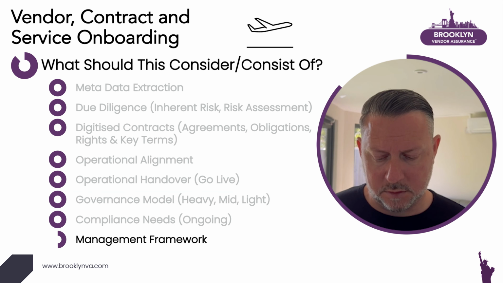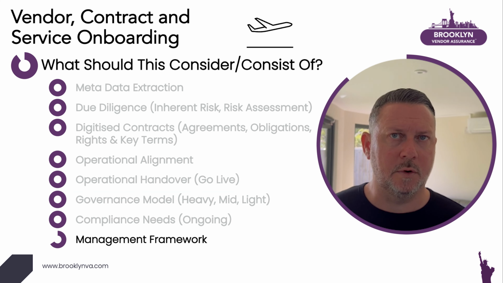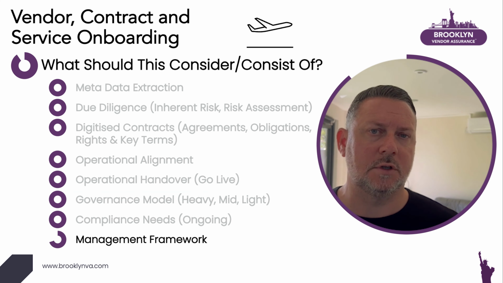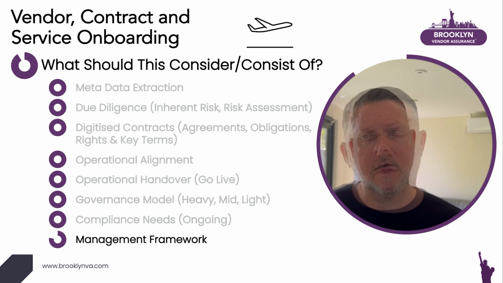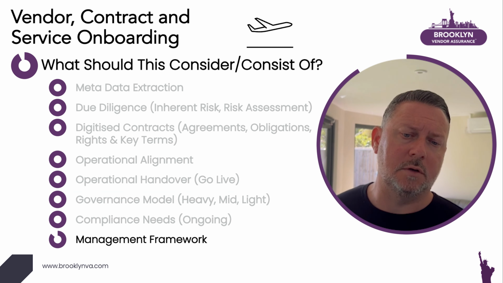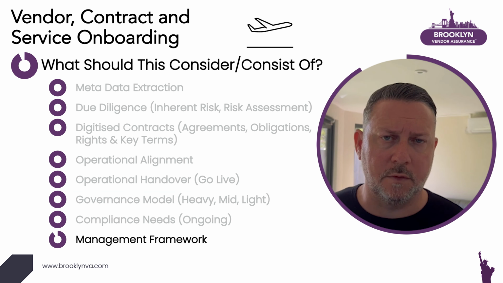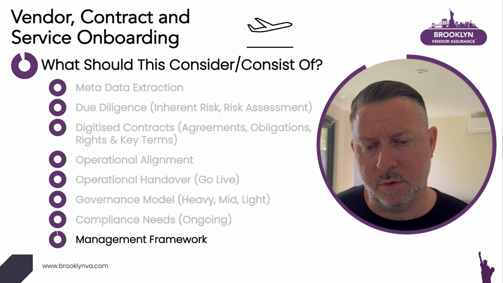So not just price, delivery, quality, relationship. If they are a cloud provider or an IT service provider, you might want to put them against some kind of InfoSec cloud standard that you bolt on to the standard framework. Depending on what the supplier is providing you with, that will denote whether you need to bolt on parts of the framework or different levels of scrutiny. So that needs to be considered at onboarding as well.